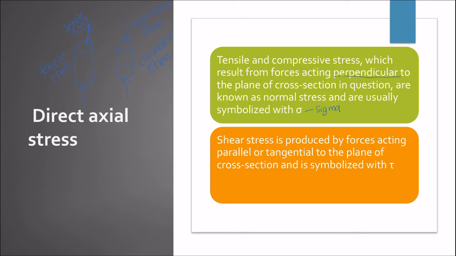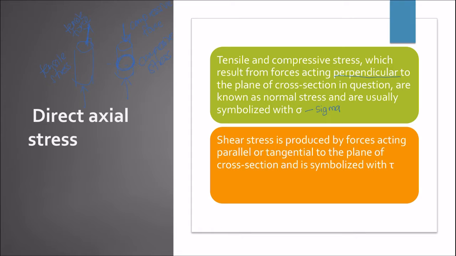So any part of it, it doesn't matter which. If it is perpendicular, it means the cross section will be circular, because the force itself is perpendicular to the plane. So any plane, any cross section, the perpendicular cross section must be circular. Because our object is circular, that is normal stress.